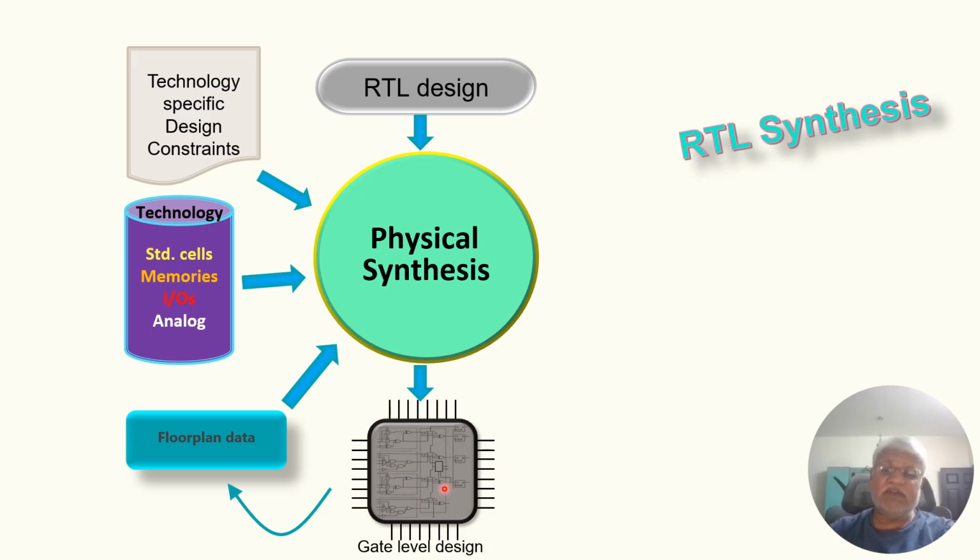That gate level design will be much more refined than what was obtained as part of the logical synthesis. That is how the new part of the design will be created, and that will become the basis for further IC development.